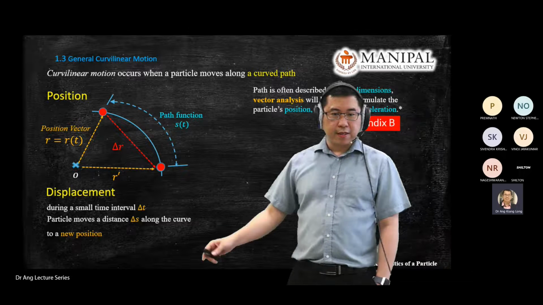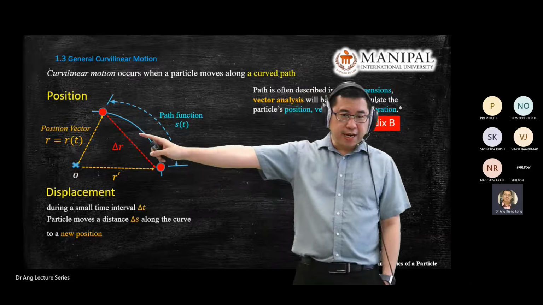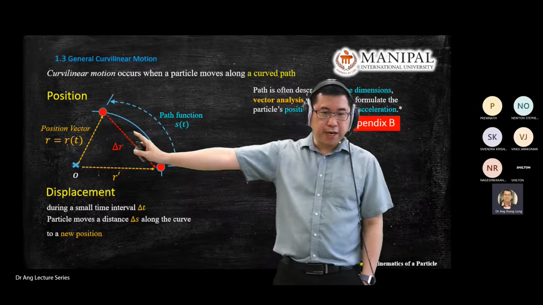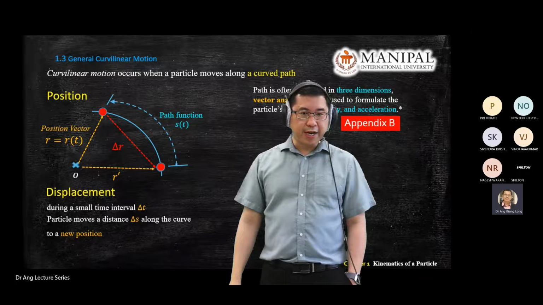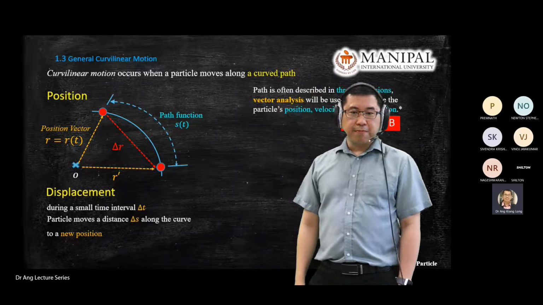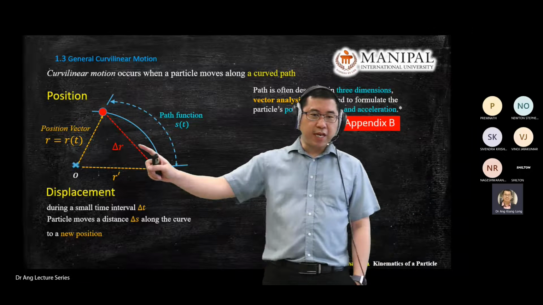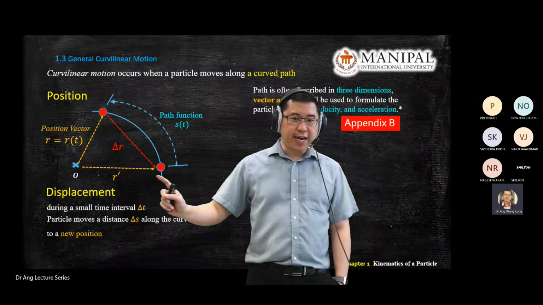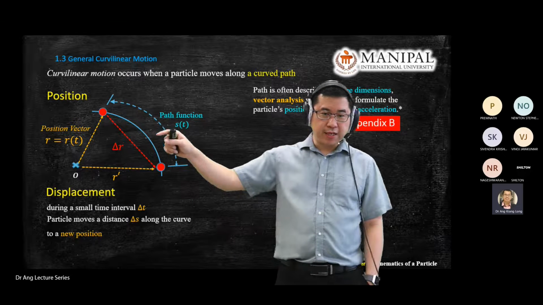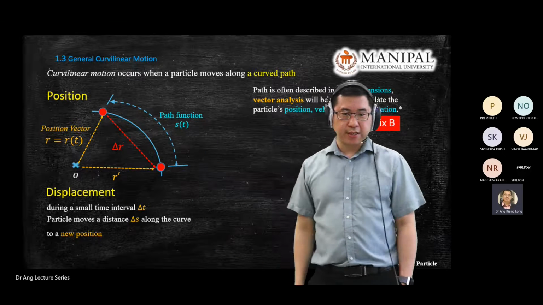And you know that on the far left there, I put a note there. Position is a vector. Position is a vector. So when you have two vectors added together, you will get a resultant vector.